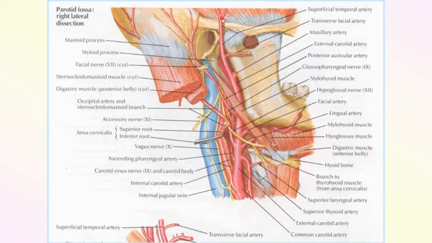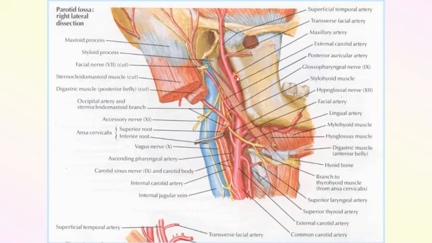And it will supply the frontal, temporal, and parietal regions of the scalp, and contribute to the blood supply of the face. I just want you to be concerned about how it splits into the frontal and parietal branches, but not necessarily know about all the other branches of it.